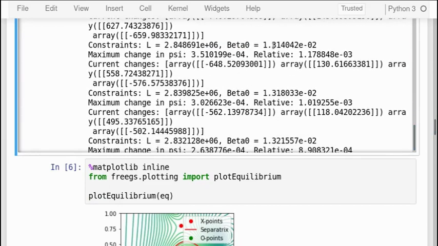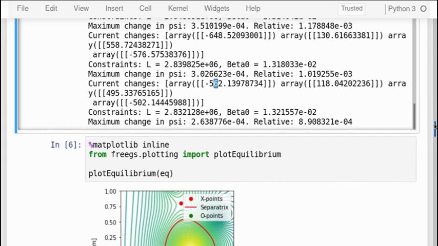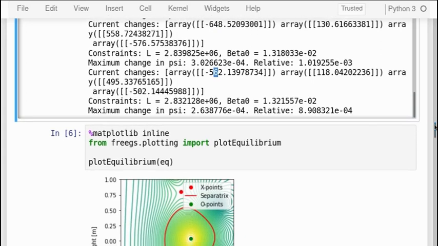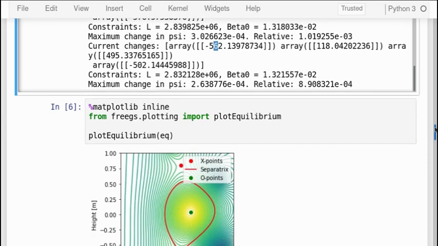You see the change in beta naughts, for example, here has become quite small, and similarly for lambda. And the changes in currents are now much smaller than they were previously, so it's now changing by hundreds of amps, whereas it was changing by tens of thousands of amps. So the iterations get closer and closer to the real solution. We could continue this by giving it a smaller tolerance, and then the iterations would keep going.